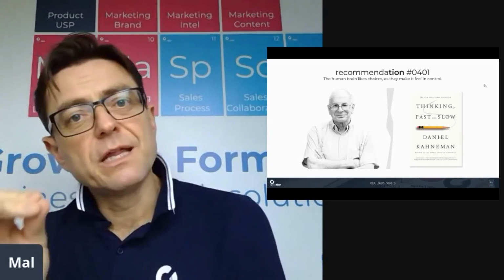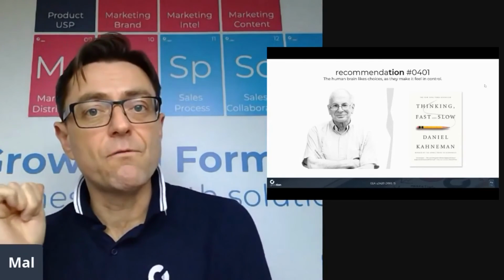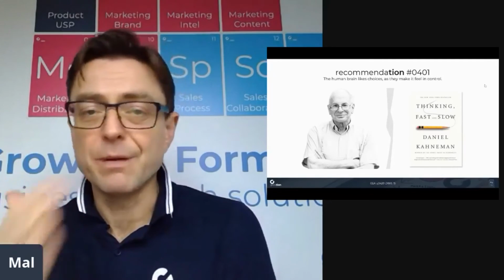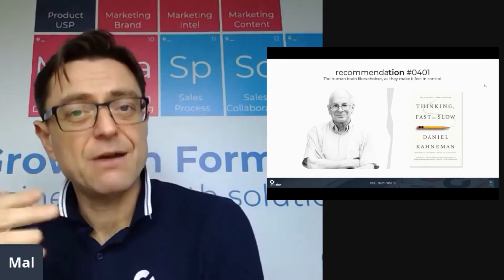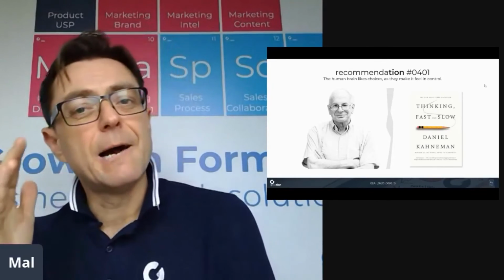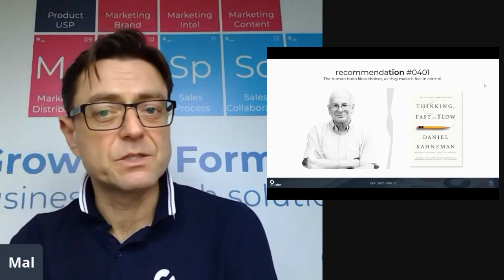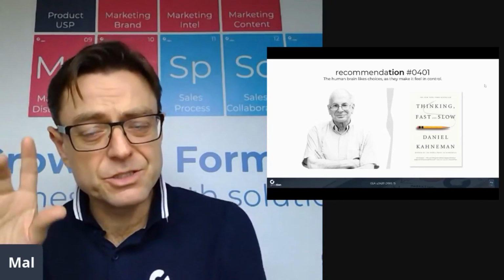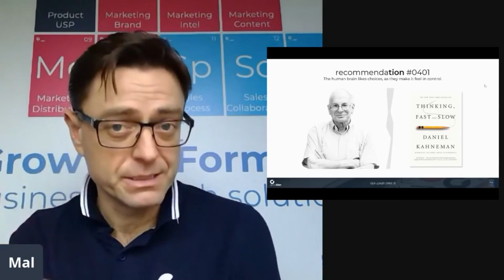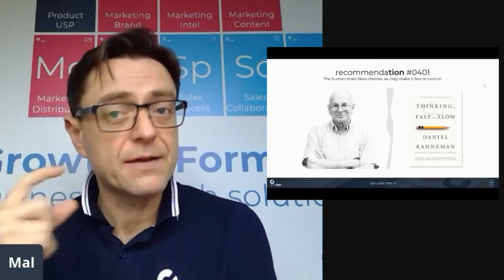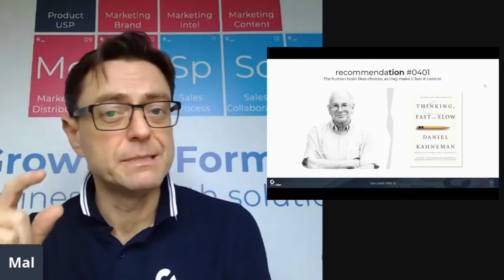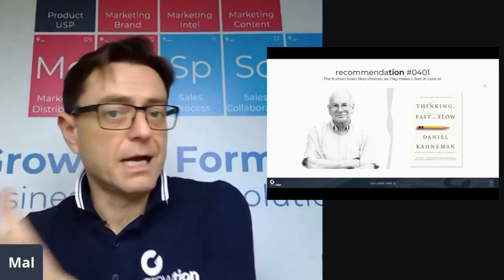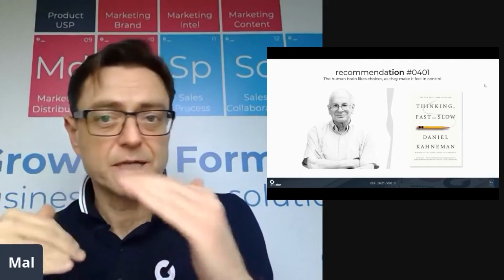But I wanted to leave you with a recommendation of where you can find some really great information about this particular topic. So how do I set my price? There's a book called Thinking, Fast and Slow by Daniel Kahneman. It's brilliant. This tells you why those things that I was talking about earlier work, why having three distinct choices is better than having one, because people's minds work in the way, as in the restaurants, they don't want to be too fast, they don't want to be too cheap.